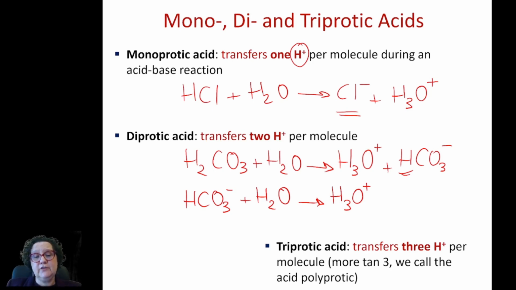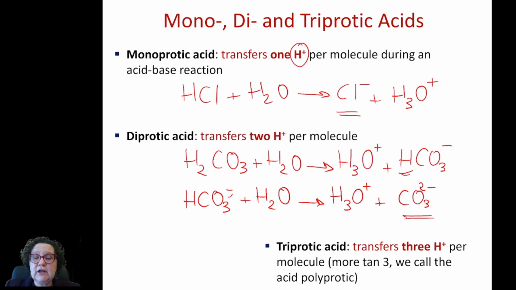And what do you have behind? Well, you end up with the fragment CO3, no more hydrogens. You have a negative charge that you had from before, and you have an extra one from the second hydrogen leaving the molecule. So you form the anion carbonate. And now the reaction stops because the carbonate anion does not have more hydrogens to donate.